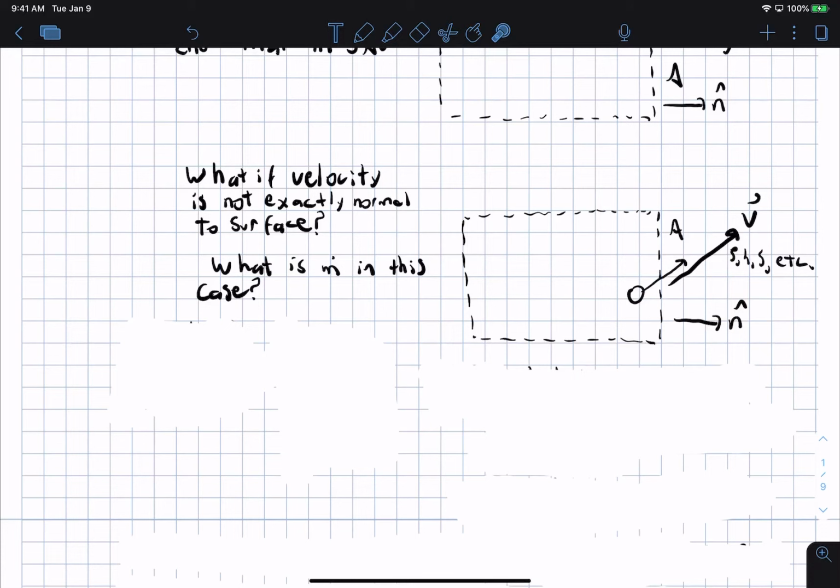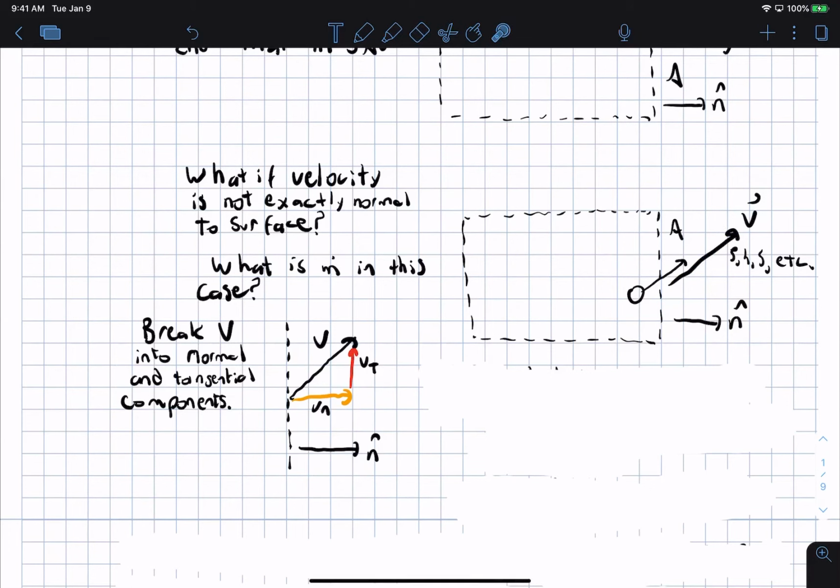So this is implying that this velocity vector here, we should break it into normal and tangential components. Okay, so let's break V into normal and tangential components like this. So we have our surface here. We have n hat pointing in this direction, and we have the velocity vector pointing up and to the right. And then we find the component of the velocity that is in the direction of n hat, and we also know the tangential velocity.